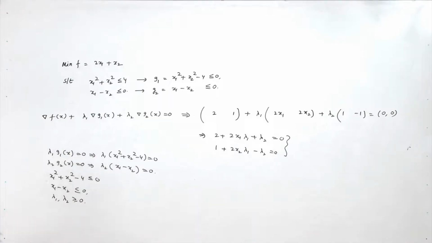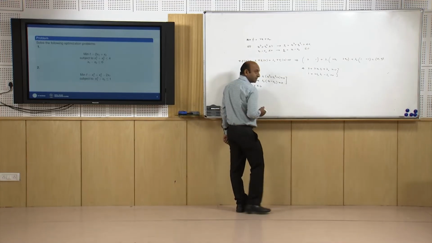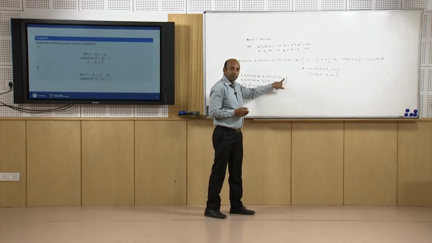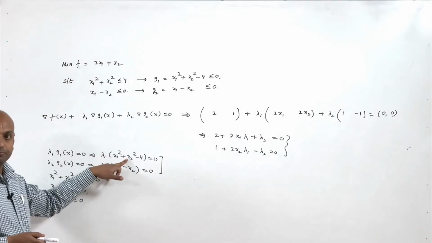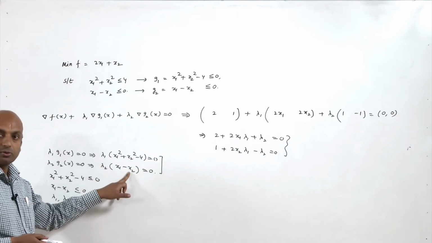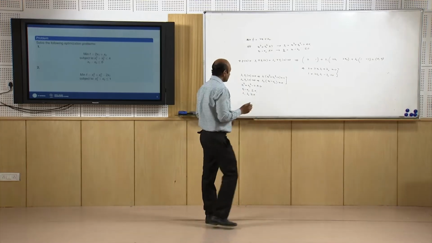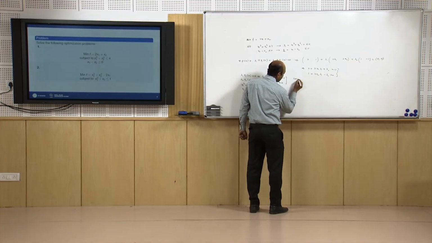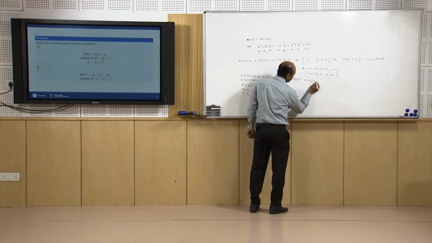Now, how to solve these conditions, let us see. From these two conditions we see that this into this is 0, which is possible only when either this is 0 or this is 0. That means we will have 4 different cases. Case 1, when lambda 1 equal to lambda 2 equal to 0.